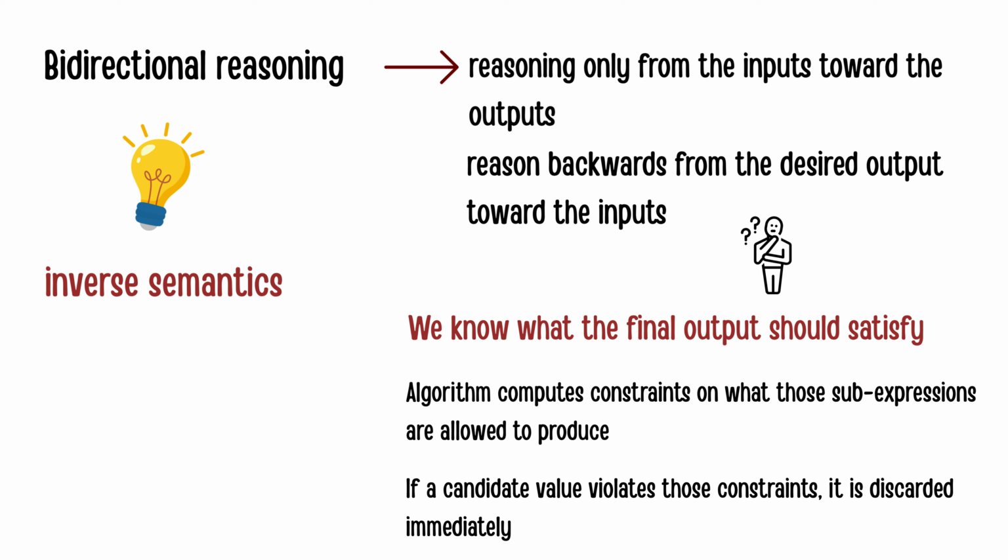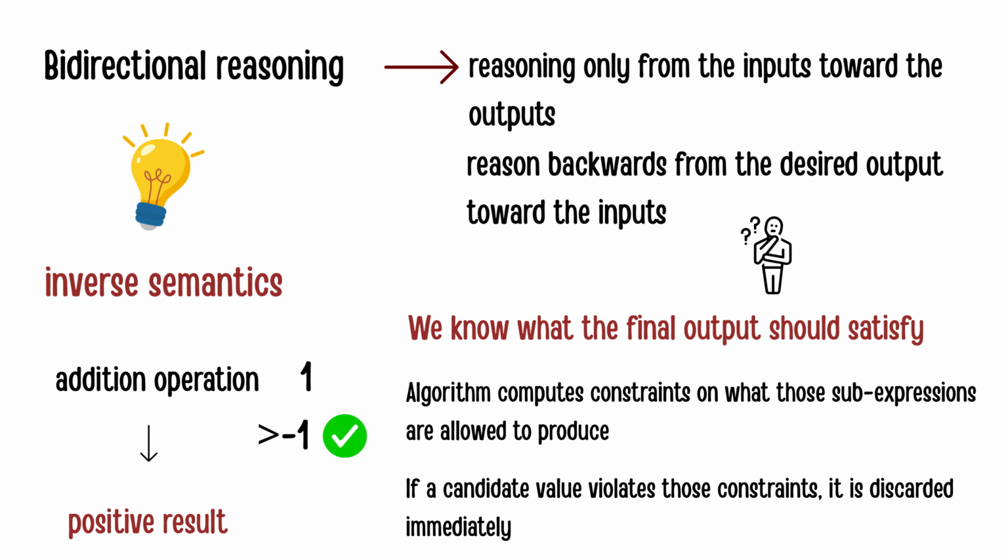For example, imagine we have an addition operation whose final result must always be positive. If one operand is already known to be 1, then the inverse semantics tells us that the second operand must be greater than -1. Any value smaller than that can be rejected without further exploration. By propagating these constraints backward through the program, the algorithm prevents the explosion of symbolic expressions that occurred in the unidirectional approach.